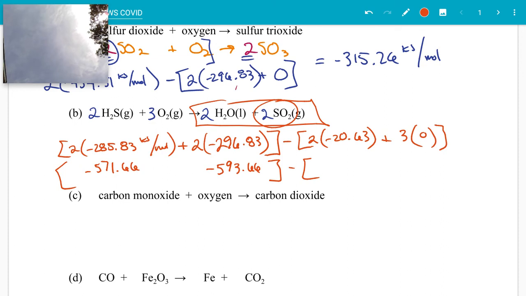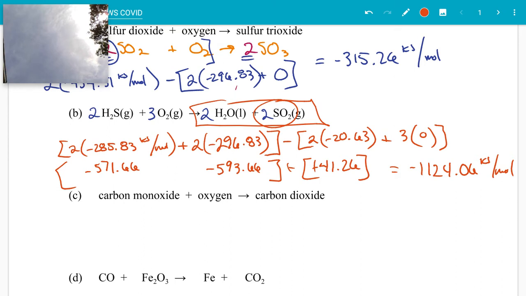You're going to subtract a negative 41.26. Remember, when you subtract a negative, you're actually adding them. And your final answer for this particular problem should be negative 1124.06 kilojoules per mole. If you see that I've screwed up on anything, please let me know.